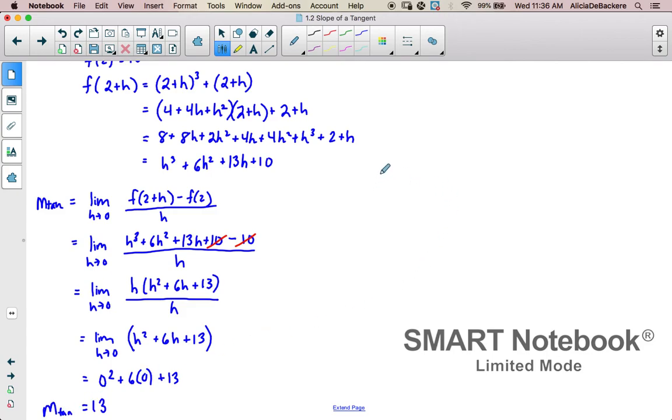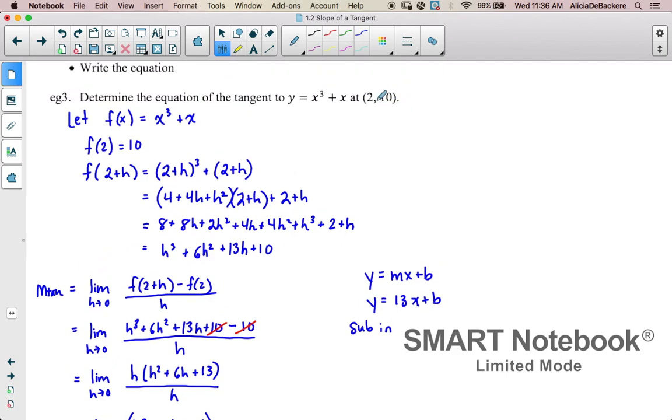I can actually find the equation of the tangent now. I know that the equation of a line is y equals mx plus b, but for my line, the slope is 13. To find the b value, the y-intercept, we're going to plug in a point that we know is on the tangent line. The only point that I know that's on the tangent line is the point they gave me originally, (2, 10).